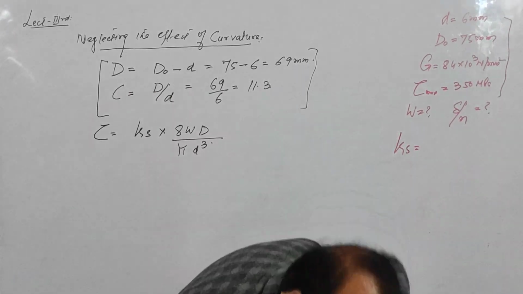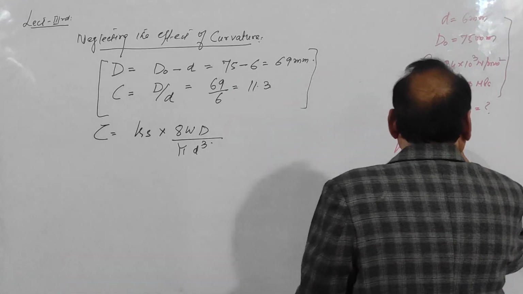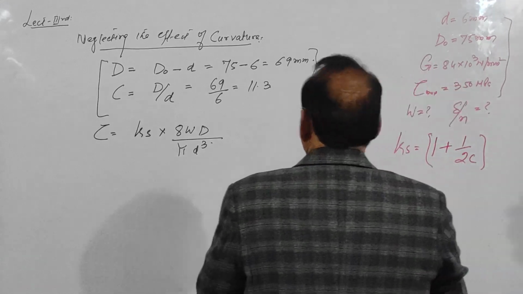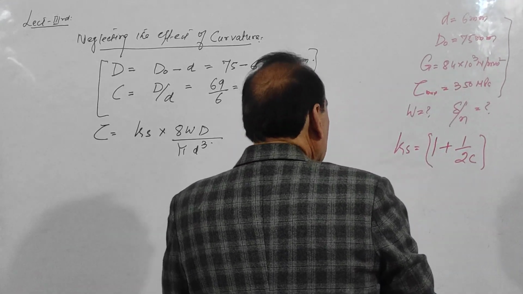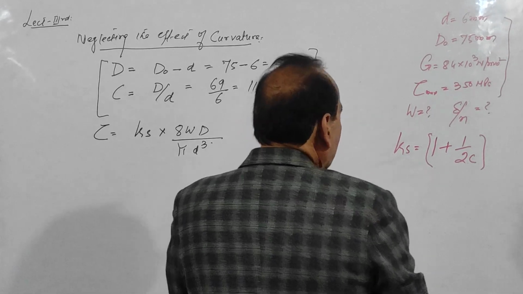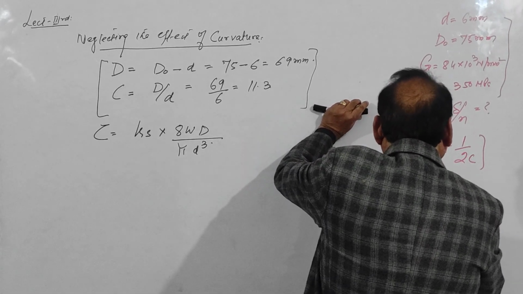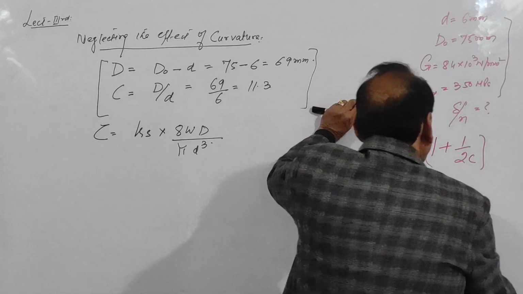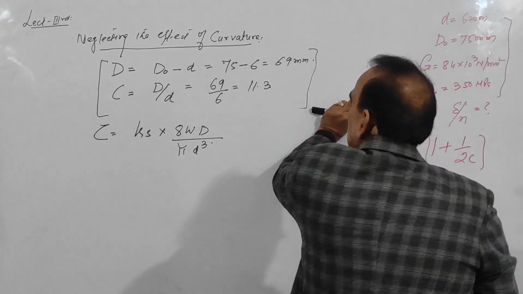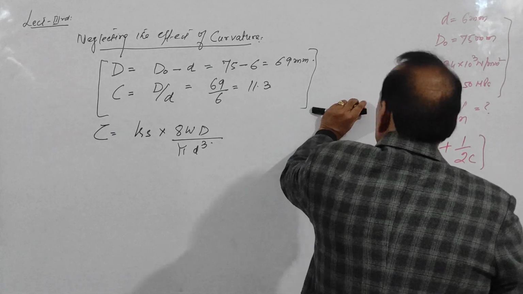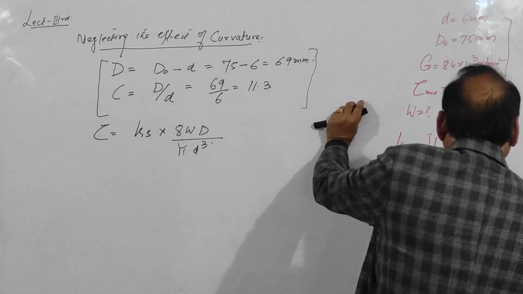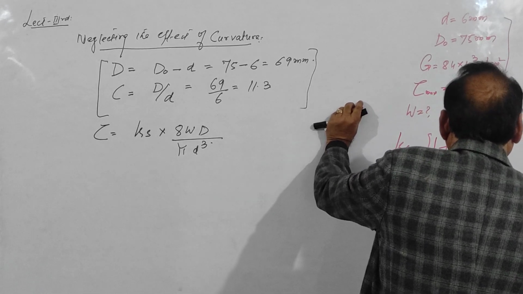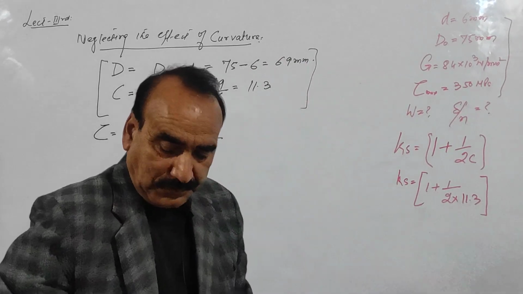This is equal to 1 plus 1 upon 2c. This is right. So you calculate Ks from this. So Ks is equal to, you calculate this. What will your Ks be? Ks is equal to 1 plus 1 upon 2 into c. What is c? We have calculated c, I think, as 11.3. Right, so solve this.